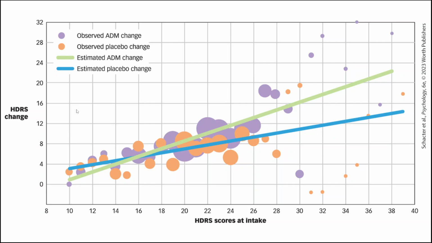And the flat line, or the blue line here, is a lot more flat. That's for the placebo. So what this tells us is that overall, our antidepressant medication worked better than the placebo, especially in scores sort of above 18. So anything above that, that tends to be the higher line.